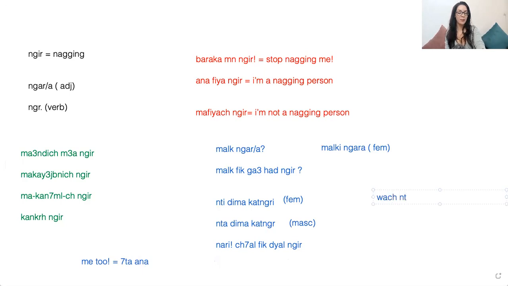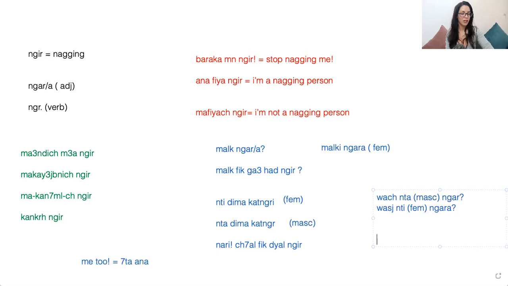Okay? So if you want to ask a question, like are you a nagging person, you would say either واش نتا or واش نتي. We already said that nta is you, masculine, and nti is you, feminine. So you would say واش nta نقار. Of course you're not asking people directly; you would say, for example, if he pissed me off, is he a nagging person?